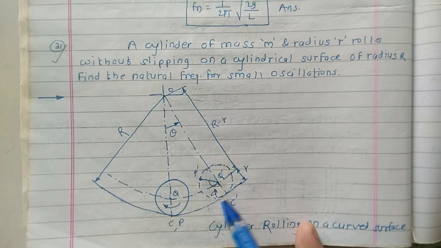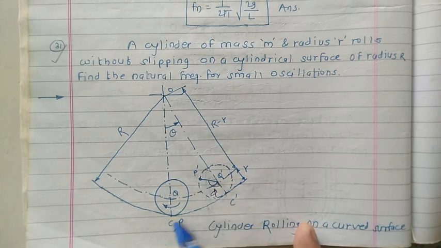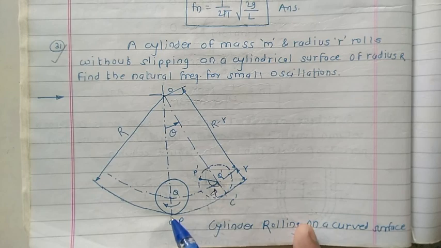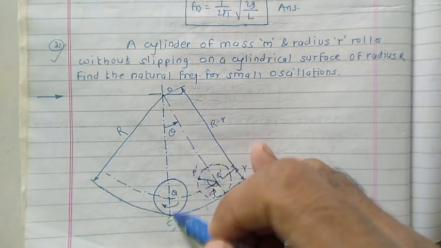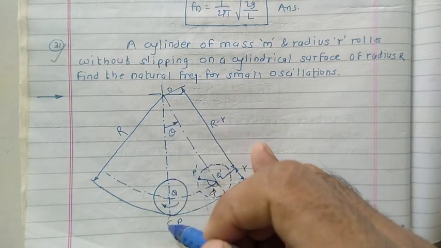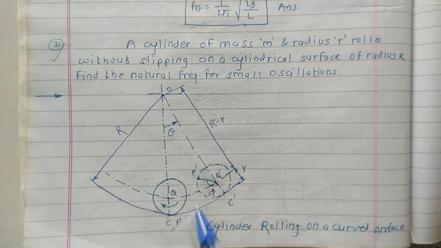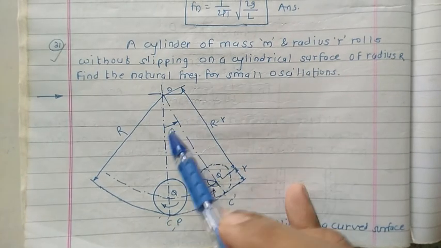So the arc C dash P dash is small r into phi. Similarly, arc C dash C: what is the radius for this bigger portion? The radius is capital R, so capital R multiplied by theta.